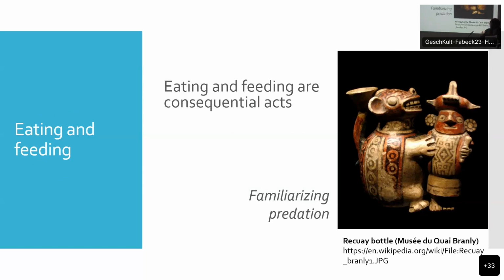This is a historically and culturally specific idea, and I'm not saying we should take it elsewhere, but what I like about it is that the work on this concept highlights that eating and feeding are consequential acts. They do things in the world, and that matters. In the Amazon, eating something runs the risk of becoming what you eat, and feeding can be a way of turning something from an other or an enemy into your kin.